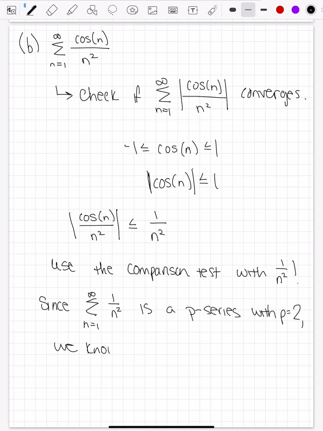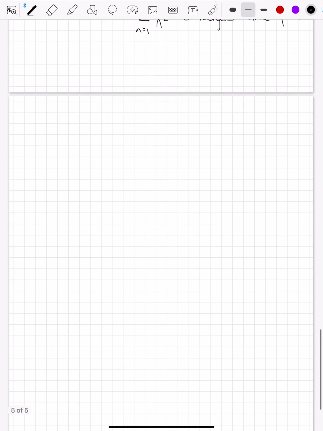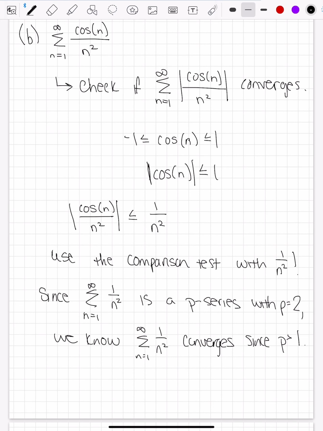We know that that series converges, because we said series with p greater than 1 converge. So now we know that, therefore, we compared it to our absolute value of cosine over n squared. So that means that that one has to converge.